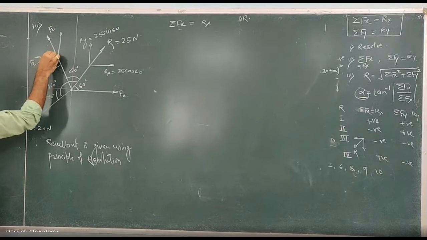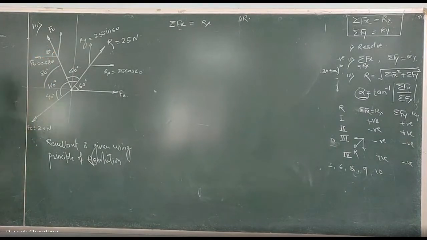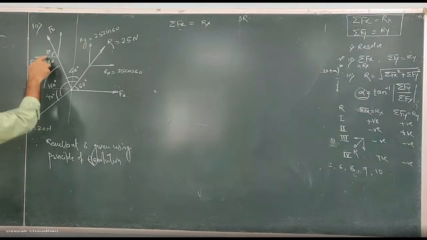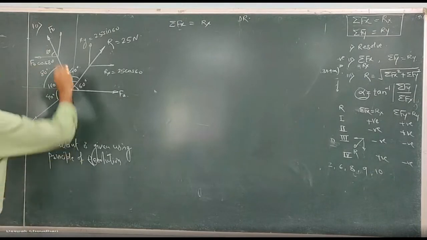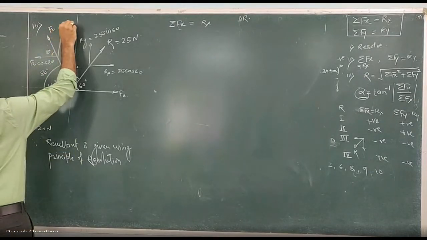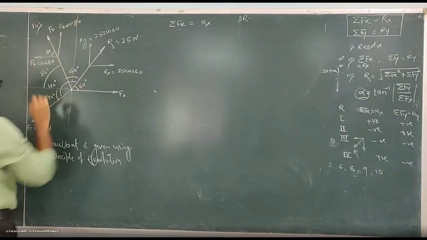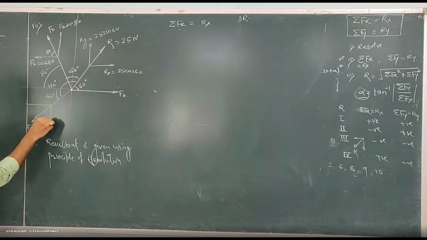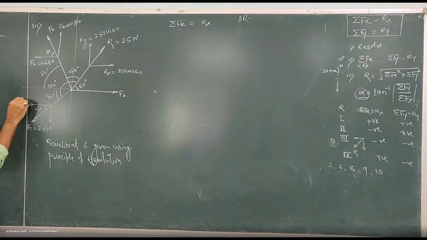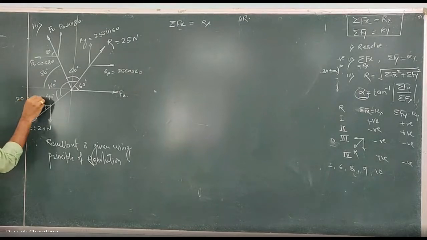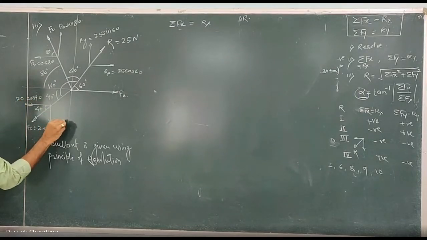If this angle is 80, this becomes the adjacent component of that. That's why it is cos. And this will be FB sin 80. Similarly, let's resolve this FC into two components. It makes an angle of 40 degree with horizontal. So this horizontal component is 20 cos 40, and the vertical component is 20 sin 40.